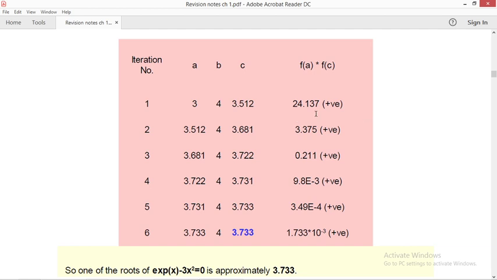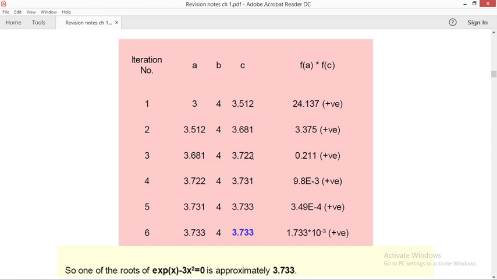That's why we will be replacing a with c, and b remains the same. Now this becomes our new a and new b. Using the formula, we also obtain c. Again, multiplying f(a) into f(c), we get a positive answer. So we replace a with c. We get the new a and the new b.